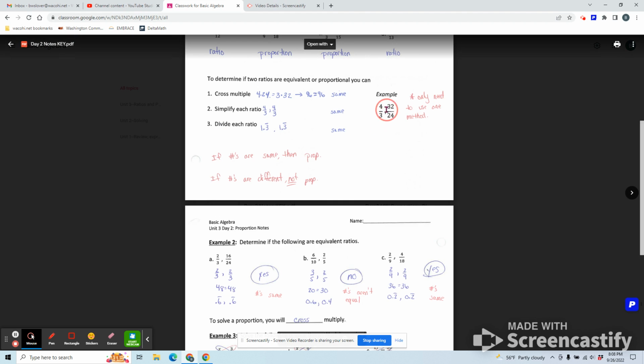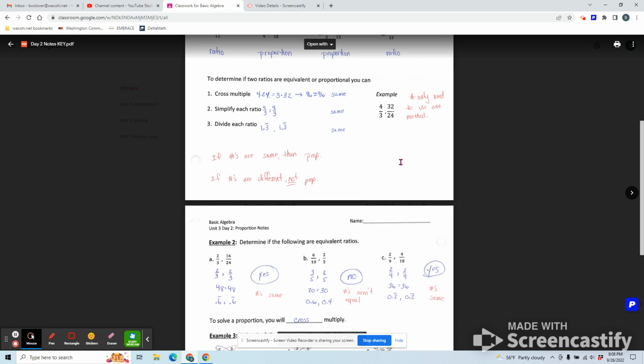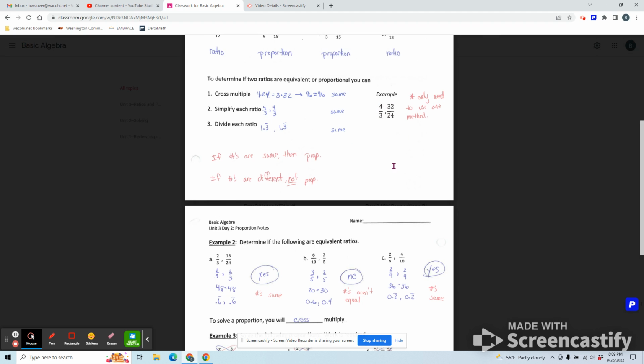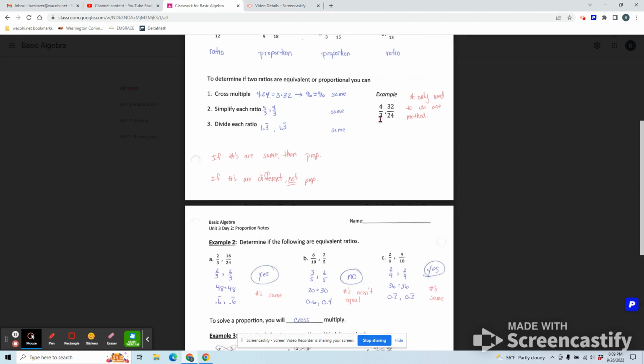This is my example, and just like I have denoted in red, you only need to use one method. I'm just showing you all three. If I were to cross multiply, 4 times 24, and I'm showing my work here, equals 3 times 32, I get the same number. 96 equals 96. That's a true statement. If I simplify my fraction, 4/3, leave it as an improper fraction.